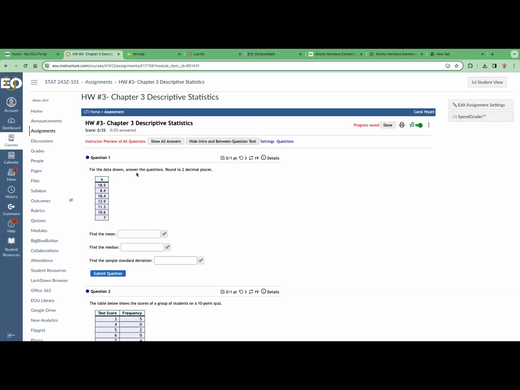What technology are you using? Oh, I downloaded the TI-84 emulator that you had suggested in the syllabus. Okay, so we can do that. Let me share a different screen.